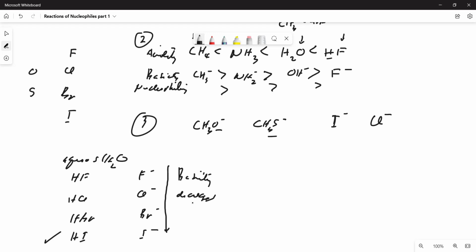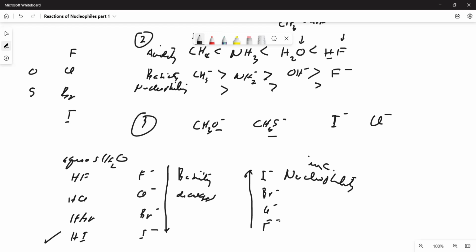So is it also the weakest nucleophile? Now, this is the trend for nucleophilicity. In terms of nucleophilicity, the iodide is the most nucleophilic, increasing nucleophilicity going down. So it is reversed.